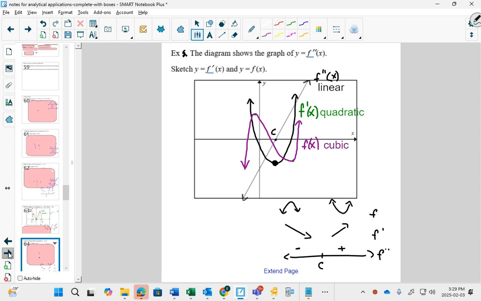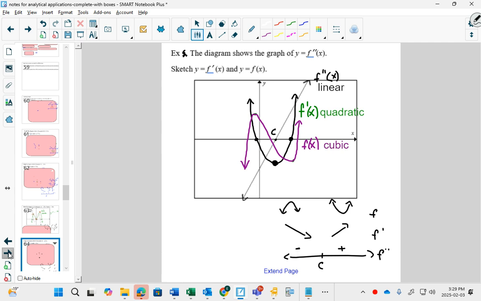Which technically would change how we do the next part. By doing the parabola down here, you see that I made two x-intercepts. And so that forced me to have a maximum and a minimum. If I had drawn my parabola higher up, I might have no maximums and minimums and just have an inflection point.